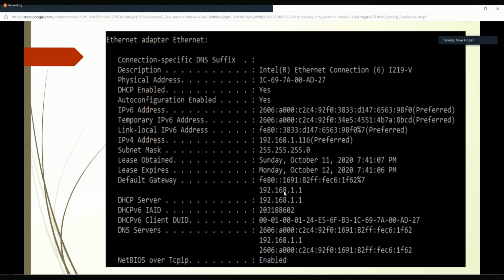So it would forward it out to a destination address that's outside of your local network. Same thing for your DHCP server. Remember, that's where you're getting your IP addressing from. It's that same router, 192.168.1.1. Obviously, this is a router that also has DHCP services built in. Our DNS server, right? Going to the same location.